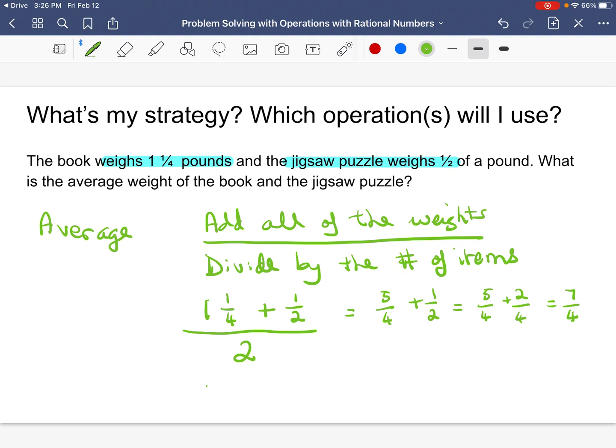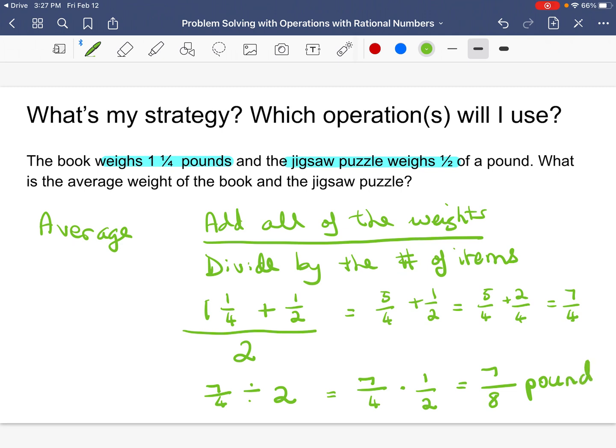And now I've got 7/4 divided by 2 because I have 2 items, which is to multiply 7/4 by the reciprocal of 2, which is 1/2, which is 7/8. So the average weight of the book and the jigsaw puzzle is 7/8 of a pound.